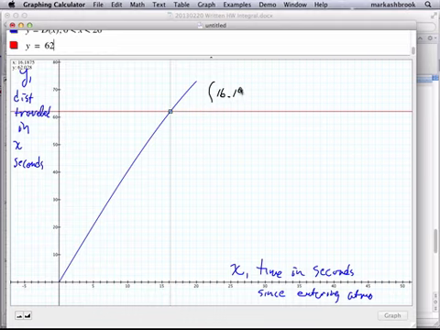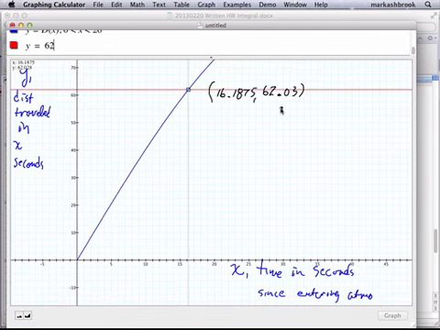After 16 point whatever seconds, just over 16 seconds. That's how long it would take. That's assuming it's directly perpendicular to the atmosphere, flying straight down.